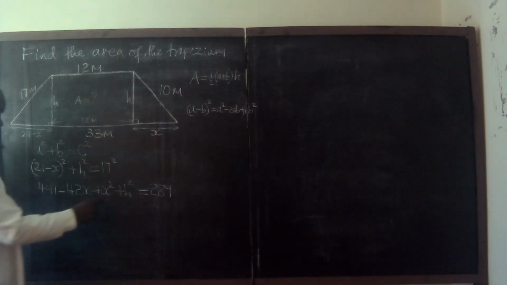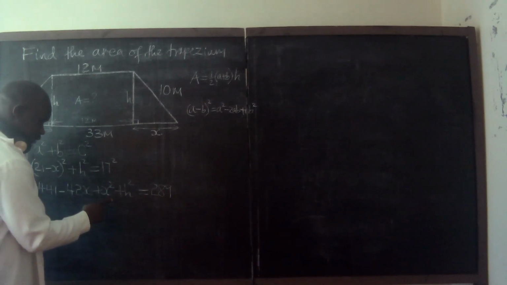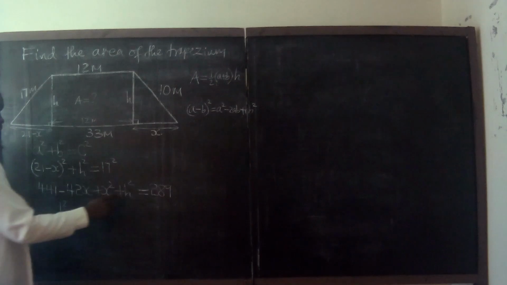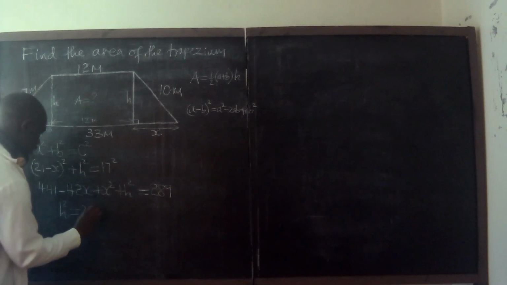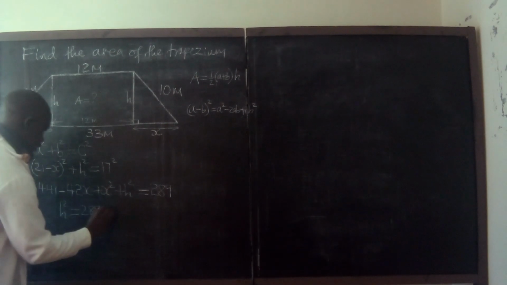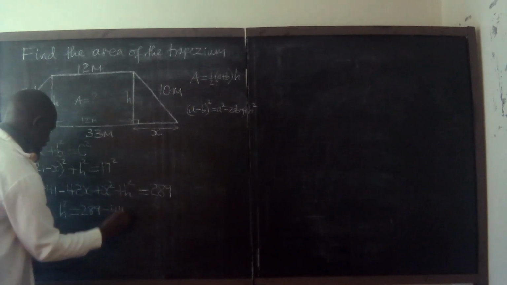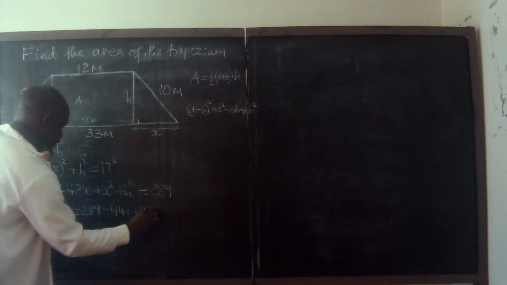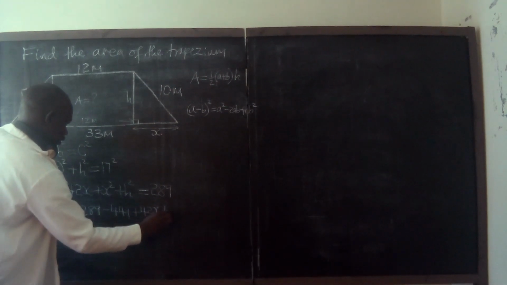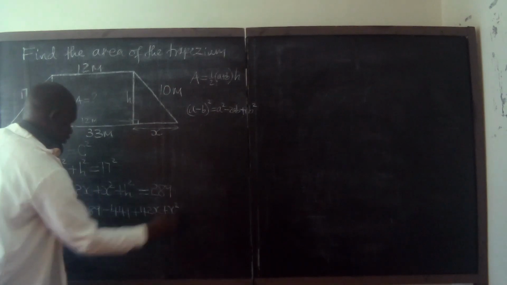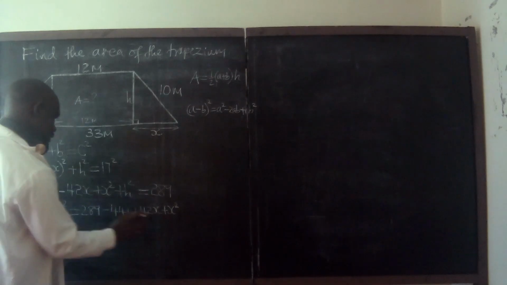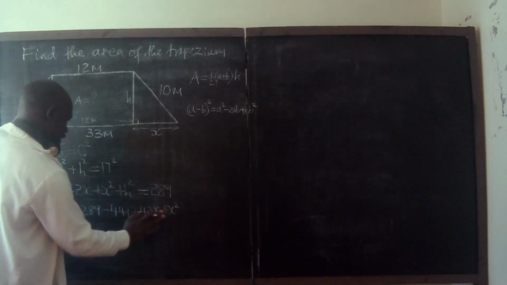Therefore, we express this in terms of h. Now h squared is equal to 289 minus 441, plus 42x, minus x squared.